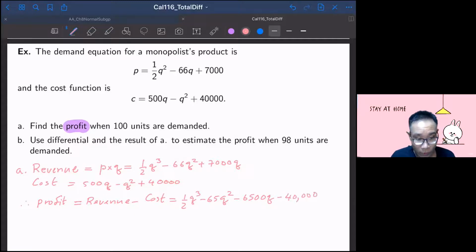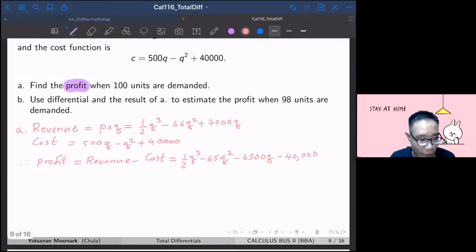So this one gives you the profit function: 1/2 Q cubed minus 65Q squared plus 6,500Q minus 40,000, in terms of Q. So this one is the profit.